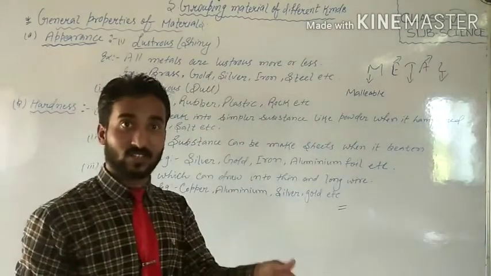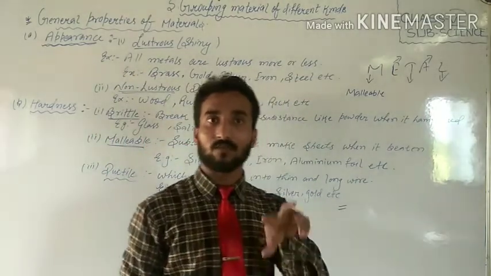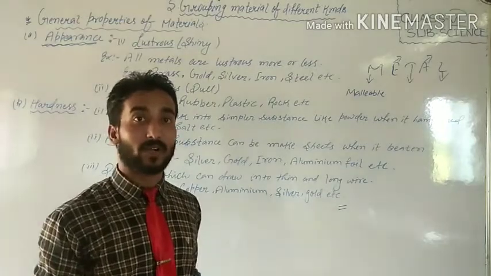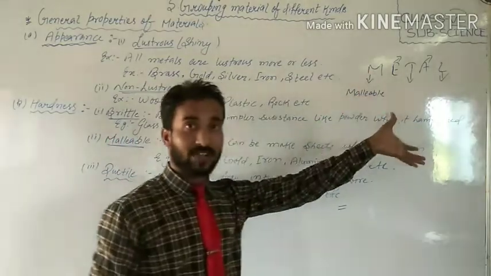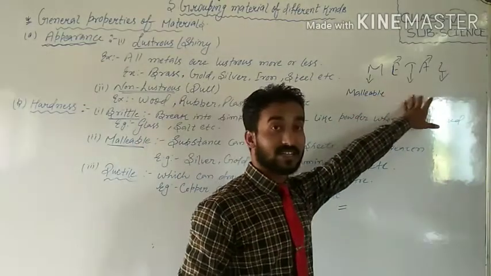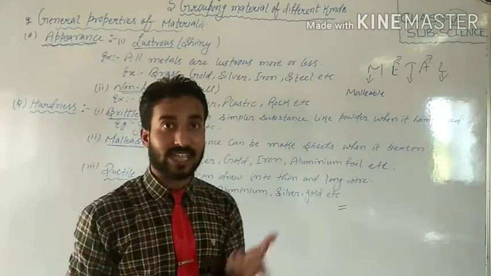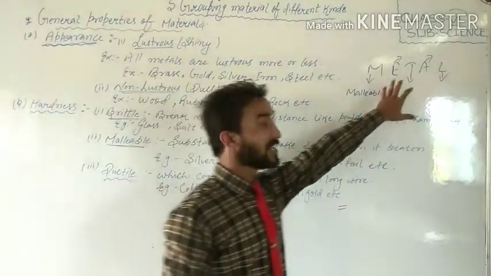As I told you, all metals are lustrous, more or less. This is a property of metals. There are five letters in the word metal, and all five have their own meaning. That meaning shows their characteristics, and on the basis of their characteristics, it is defined.